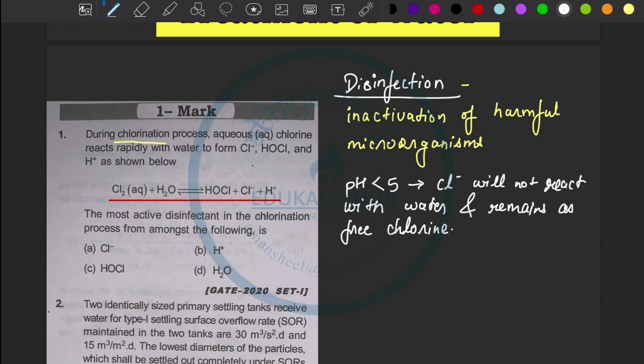The reaction of chlorine with water is something like this. Out of all these forms of chlorine, like HOCl and OCl minus, the HOCl is the most destructive.